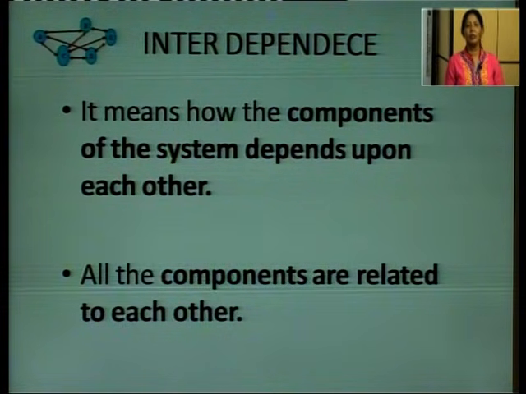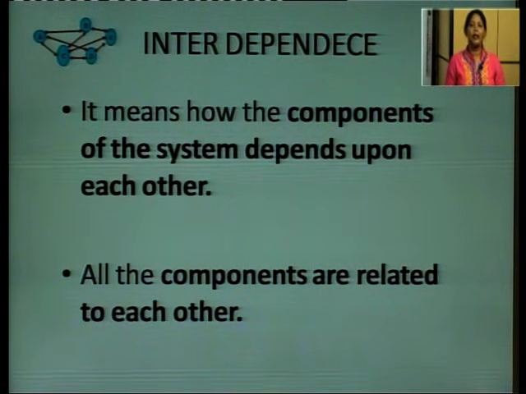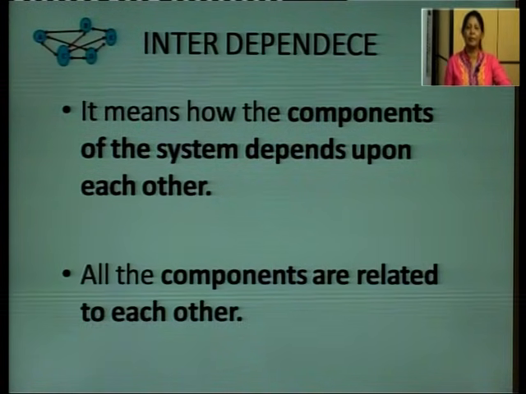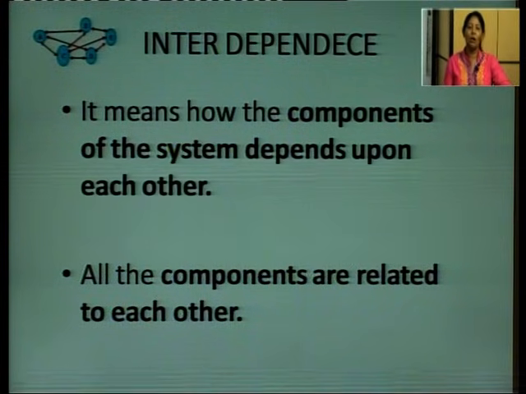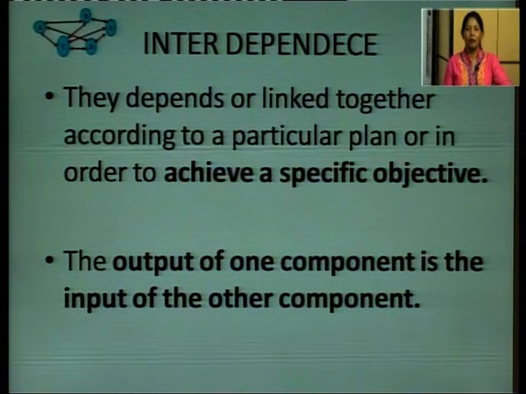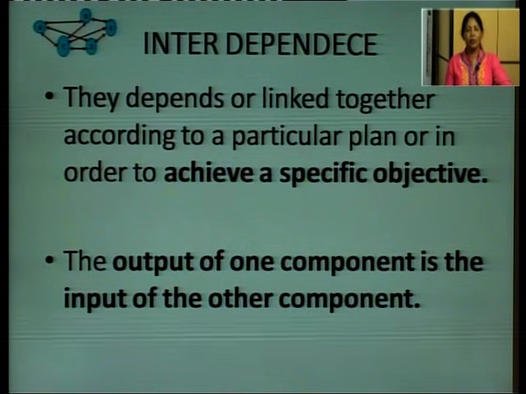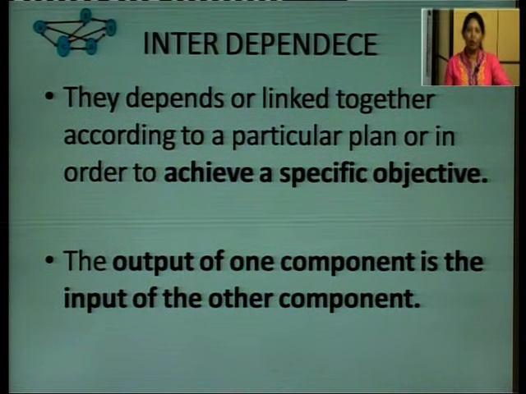Next is your interdependence. Interdependence means how the components of the system depend upon each other. All the components are related to each other. They depend on or link together according to a particular plan in order to achieve a specific objective.